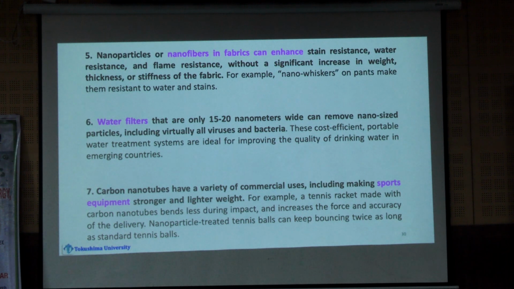The carbon nanotube, I have already given the example while talking about the automobile sector, where such carbon nanotube can be used in the racket. So in sports applications, this is one. While making a ball, whether it is a soccer ball or a tennis ball, can we use the technology? So there will be demand.